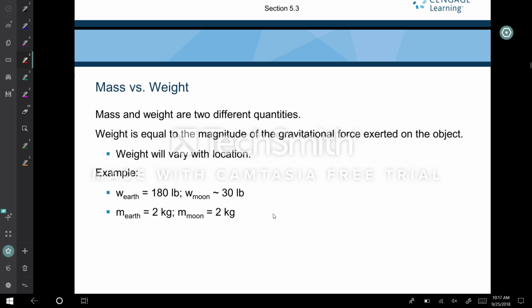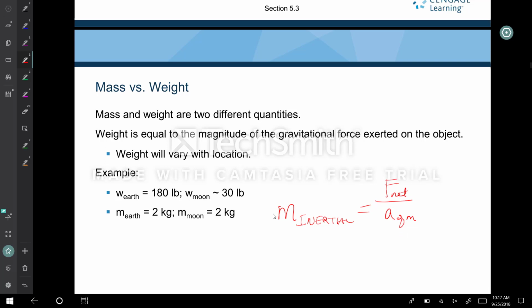Protons, neutrons, electrons. Okay? So we use that, for example, by looking at the ratio of the applied force, or the net force, divided by the acceleration, m. That's how we measure inertial mass.